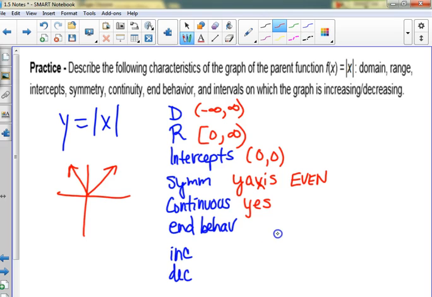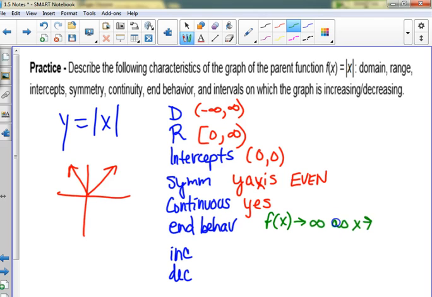All right, end behavior. I'm going to practice by saying the function is going what? Okay, this is y, so up would be infinity.